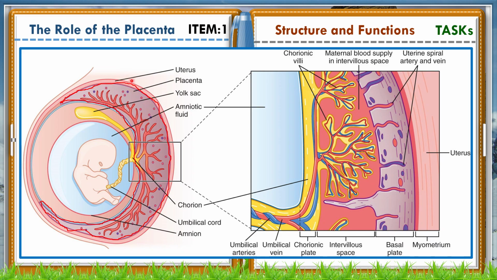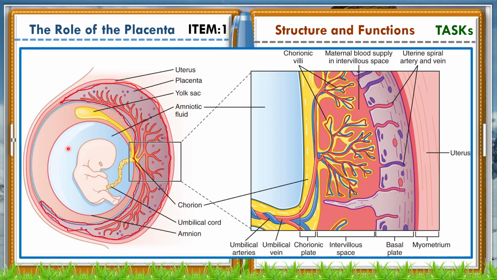Remember, this is the uterus, and this is the fetus here. In between the mother's uterus and the fetus, there is that organ which we are calling the placenta. Are you together? So that is the placenta.